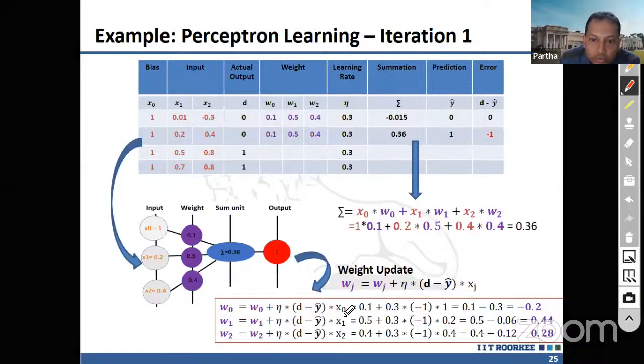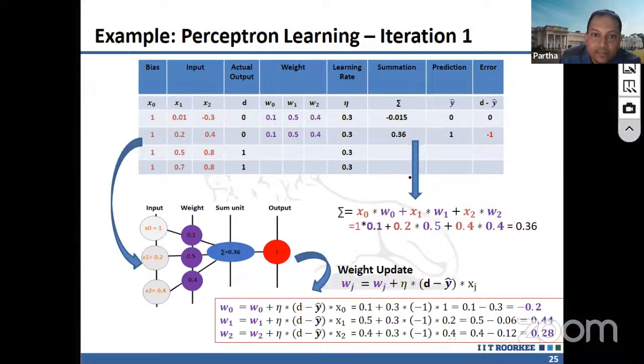These things we need to modify. 0.51 plus 0.3, D minus Y was -1 into X0, which is 1. X1 is 0.2, and X2 is 0. If you multiply, you see these are the new values of W0, W1, W2.